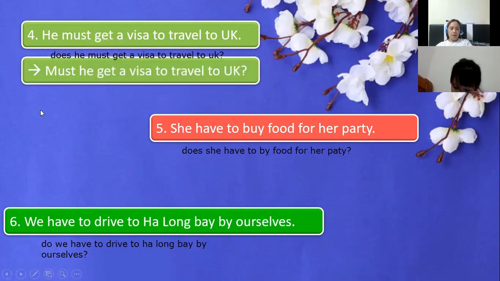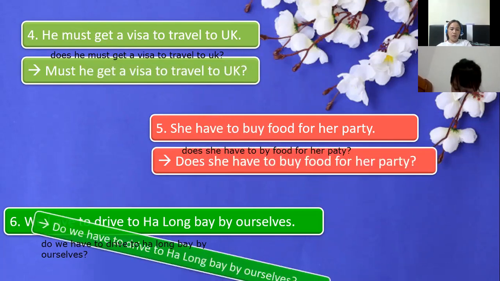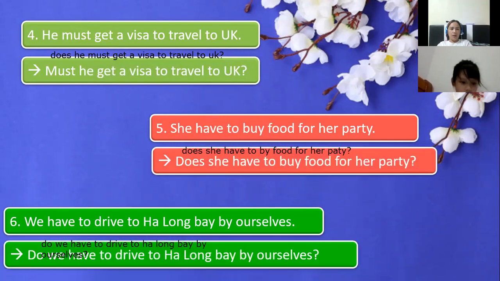Okay, let's read them. Okay, you must get a visa. Okay, next, baby. Can you read them all, baby? He must get a visa to travel to UK. Must he get a visa to travel to UK?